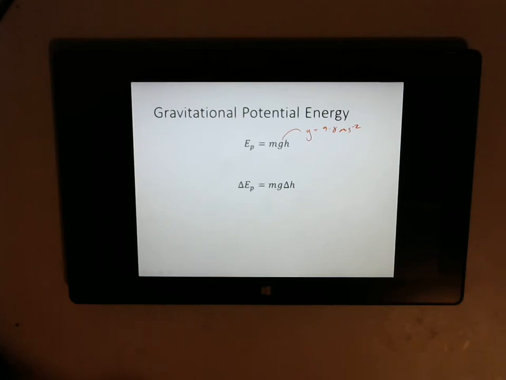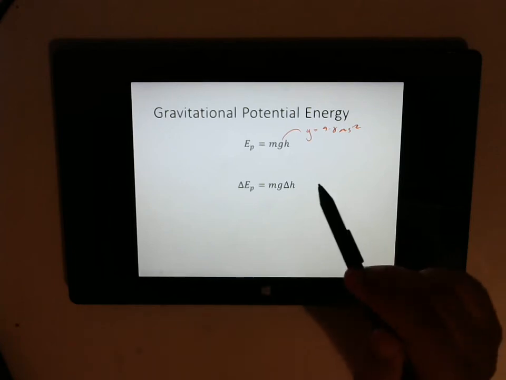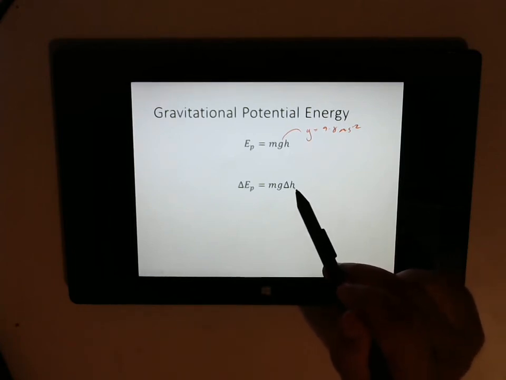Because even if you're resting on the surface of the Earth, you still have some potential energy. You are a distance away from the gravitational centre. So really what we're saying is that we're only looking at the change in potential energy, not the absolute value of the potential energy.